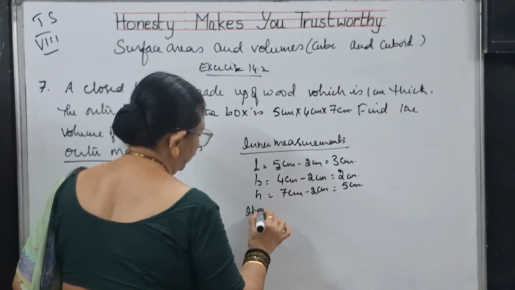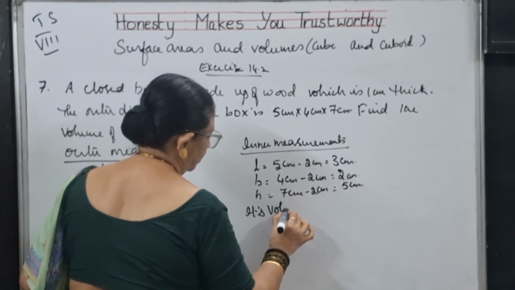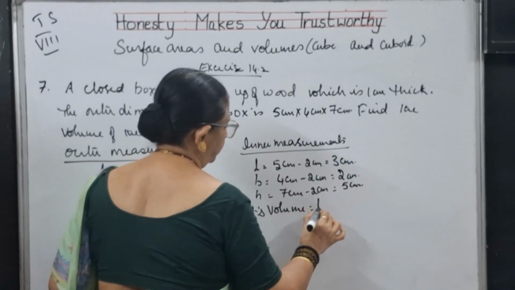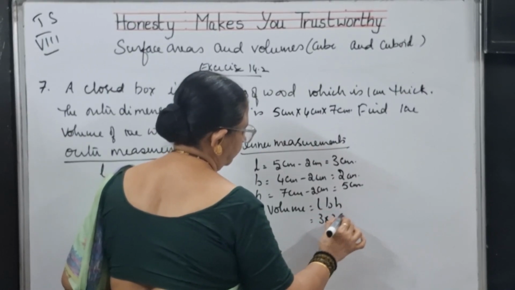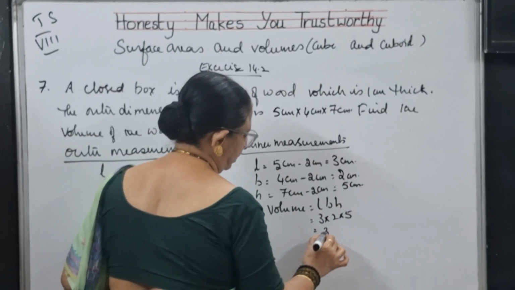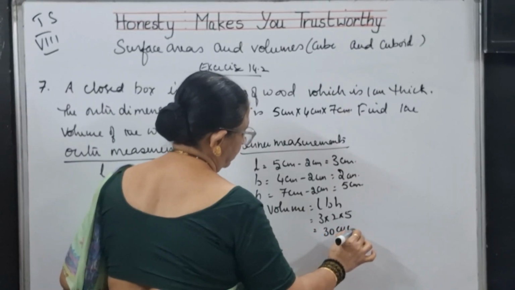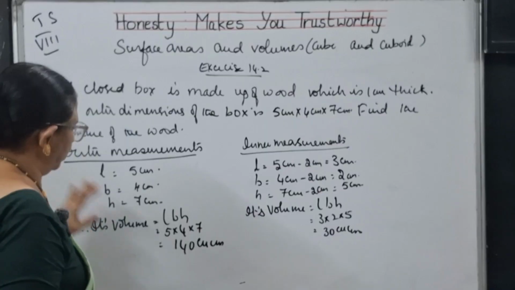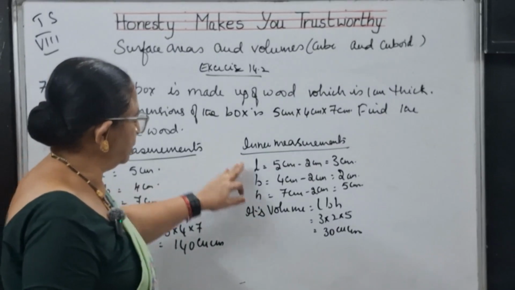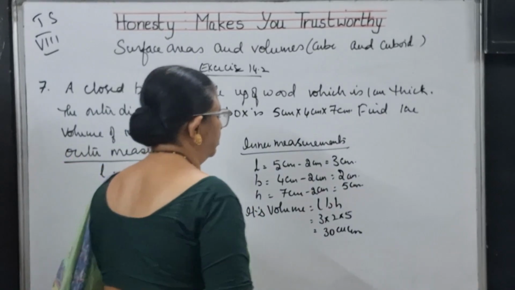Therefore, what is its volume? Its volume is L into B into H, 3 into 2 into 5. 3 twos are 6, 6 fives are 30 cubic centimeters is the volume. So the outer measurements volume is 140, and the inner measurements volume is 30 cubic centimeters.